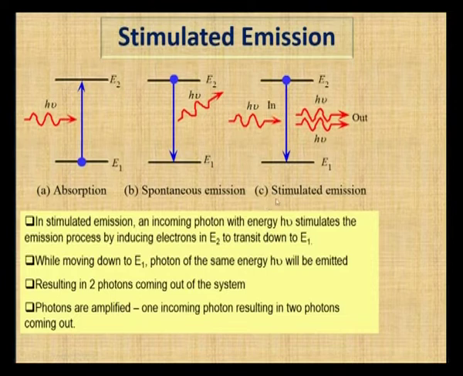So in stimulated emission, what happens? The atom in E2 does not absorb any photon; it simply decays from E2 to E1, emitting a photon of energy h nu, which is amplified because of the other photon already existing. These two combine, resulting in amplification. This is how stimulated emission takes place.